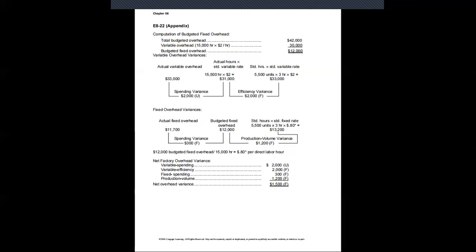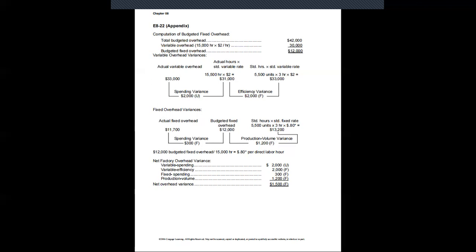Then we go to the fixed overhead variances. The actual fixed overhead is given at 11,700, and the budgeted fixed overhead is 12,000. That's the budgeted fixed overhead. It's given because total overhead is 42, and then the variable is 30.